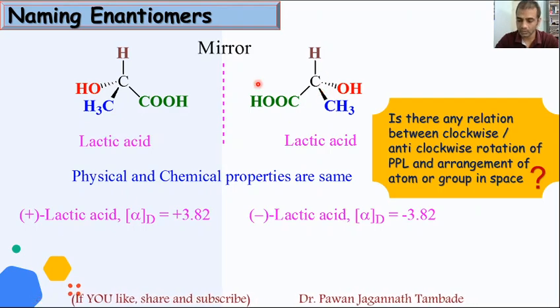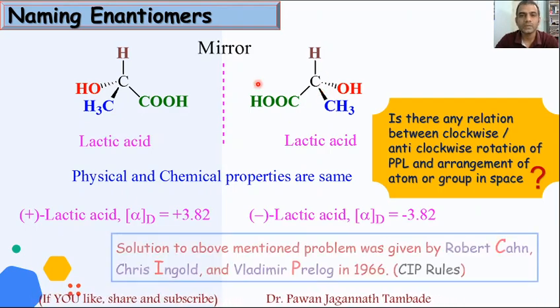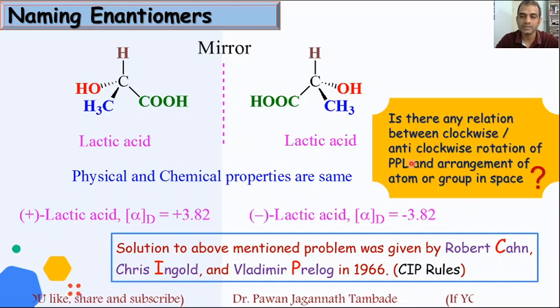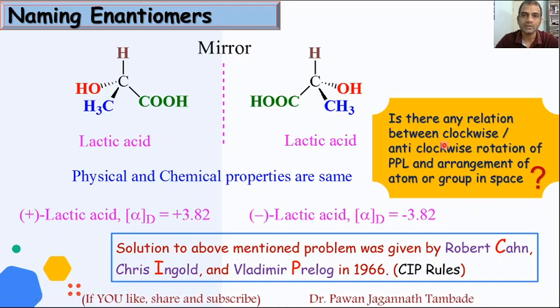In order to overcome this drawback, the three great scientists, Cahn, Ingold and Prelog, in 1966, gave a certain set of rules which are very famous as CIP rules for naming these enantiomers. And that methodology is very famous as RS system of nomenclature of enantiomers. So let's start with our journey towards RS system of nomenclature.